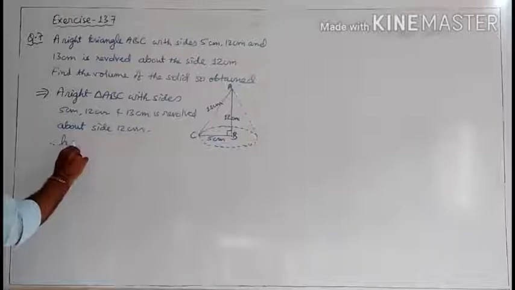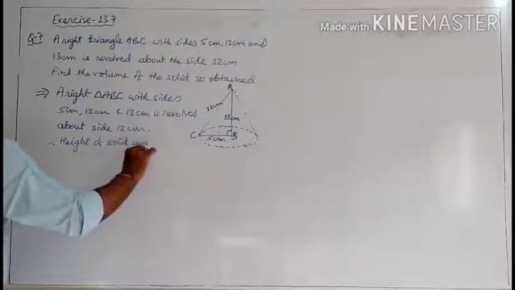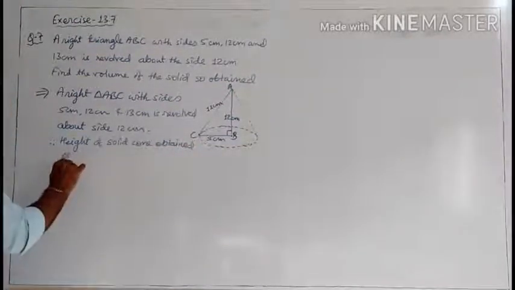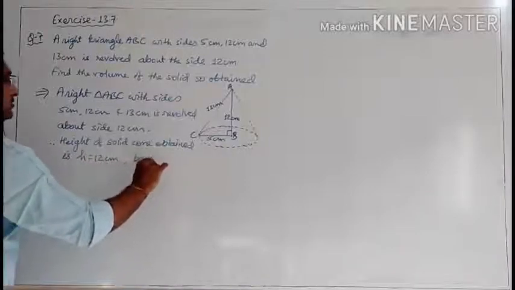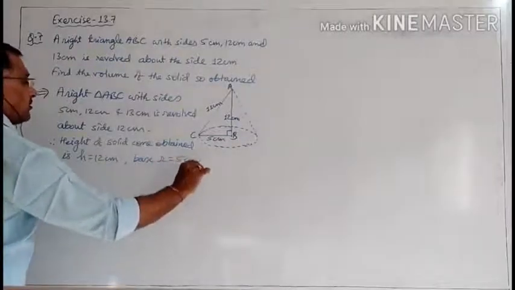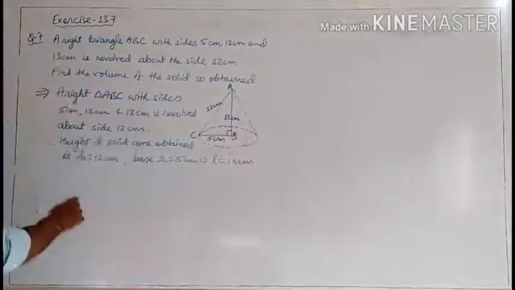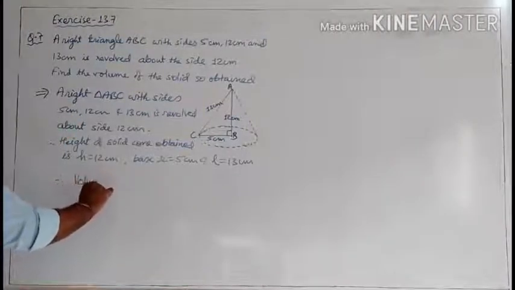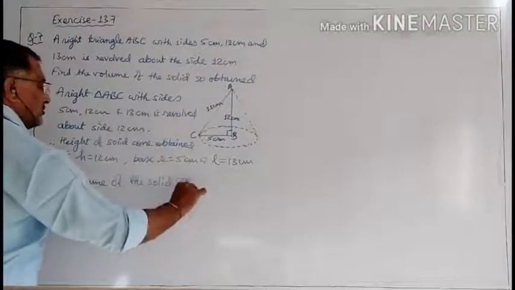Therefore, height of the solid cone obtained is H equal to 12 centimeter and base radius 5 centimeter. Therefore, and slant height 13 centimeter. So the question is, what is the volume of the solid cone obtained?